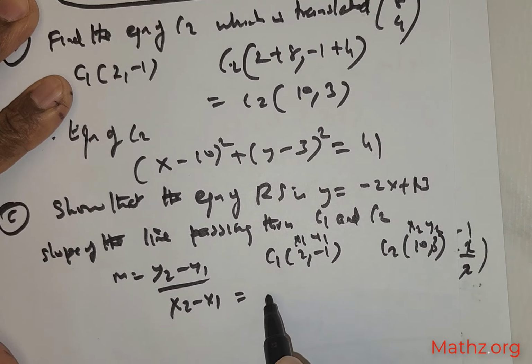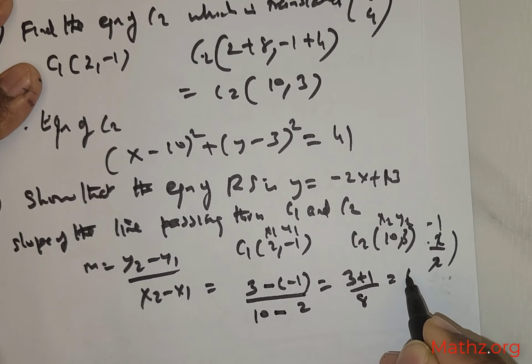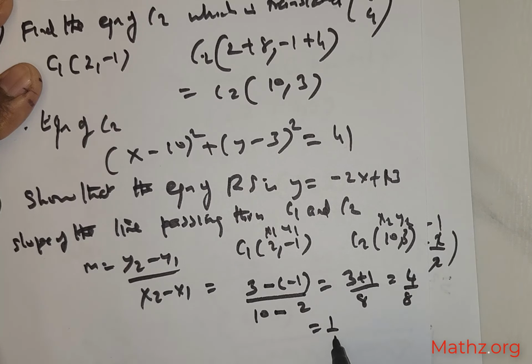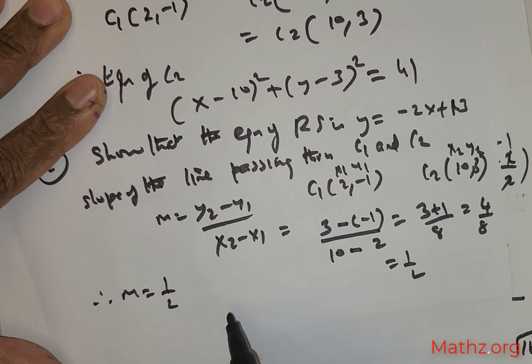So substitute that: y2 is 3 minus negative 1, divided by x2 is 10 minus 2, so this is 3 plus 1 divided by 8, which is 4 over 8, in this case 1 over 2. Therefore m is equal to 1 over 2.